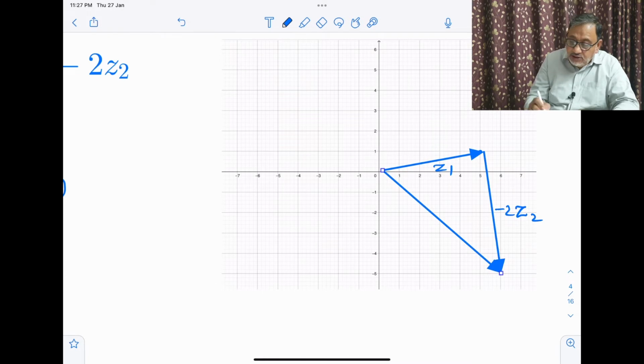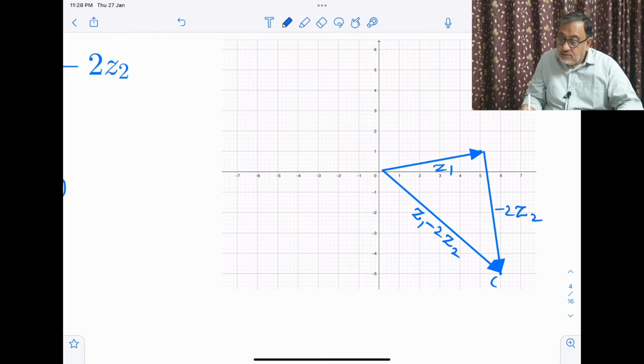Okay. So here is our final position. So this arrow is representing z1 minus 2z2. I hope you understood this. And here the point is 6, negative 5. Now let us check it algebraically also.